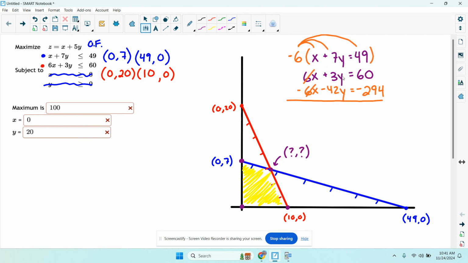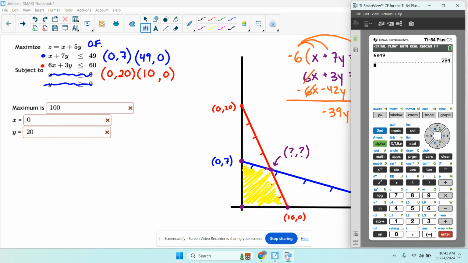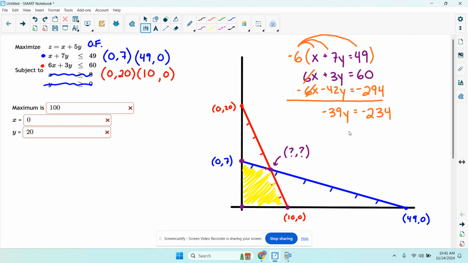That's what I wanted. 3y plus negative 42y, that's negative 39y, equals 60 plus negative 294 is negative 234. So now just a matter of dividing by negative 39. We'll do 234 divided by 39. The negatives will cancel out, so this is y equals 6.